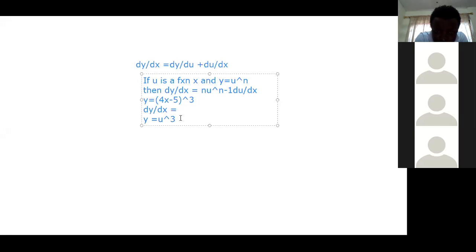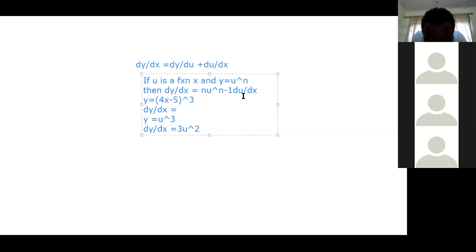So our dy/dx gives us, we multiply the power here, so that's what we had, 3 times u, and we know the whole of this is equal to u, so that's it. So I'm going to get 3u raised to the power, just as we do it, n minus 1, so 3 minus 1 will give us what? 2.